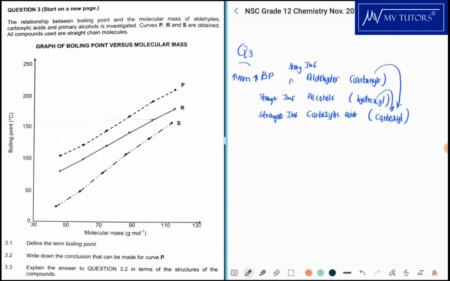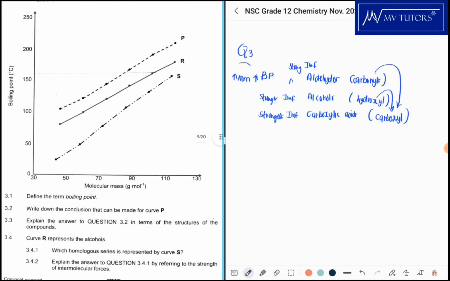By knowing all of this, you can already tell that P has to be your carboxylic acids, R has to be your alcohol, and S has to be your aldehydes. So at least you know what's going on. With an increase in molecular mass, you get an increase in boiling point, and the higher the boiling point, the stronger the intermolecular forces, the more energy required to break them.